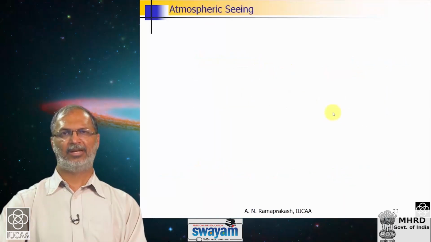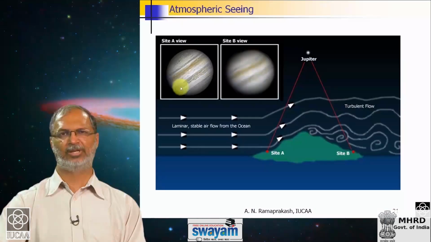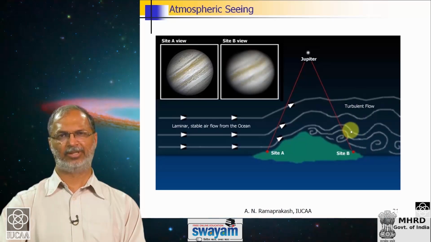And this leads to what is called atmospheric seeing. As light passes through the atmosphere, which is disturbed like this. For example, if you have an ocean here, on top of which the wind is blowing, there is very little disturbance or turbulence in this atmosphere. But if there is a mountain on the path which disturbs that flow, the atmosphere can get very turbulent on the other side of the mountain.